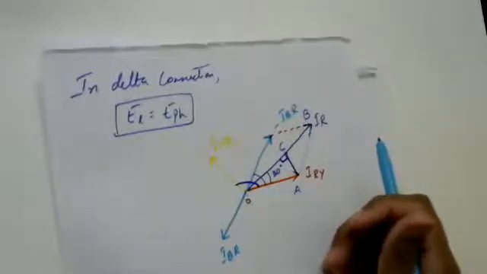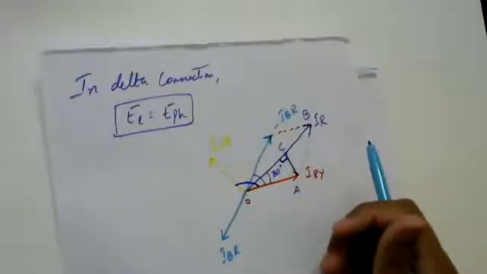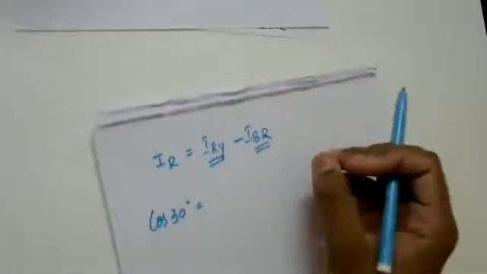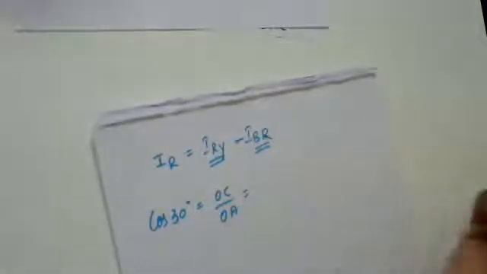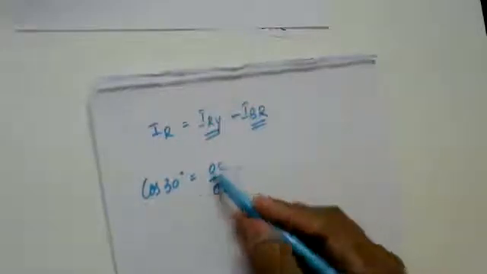Adjacent side is OC and hypotenuse is OA. So I can get this as OC divided by OA. Then further, how can I write this OC?